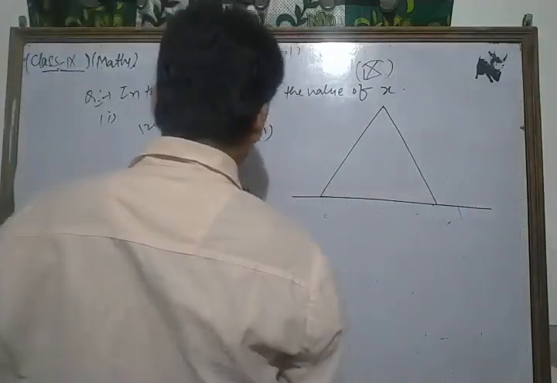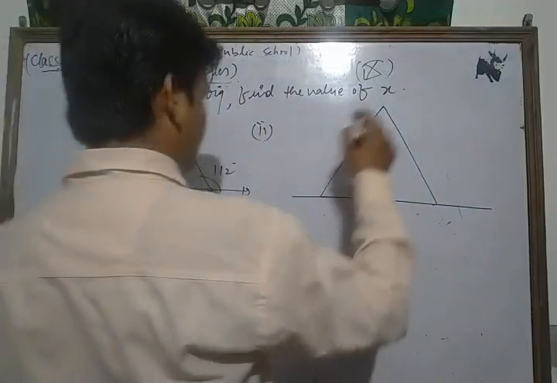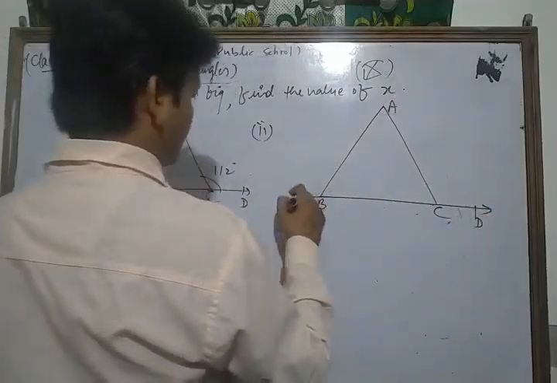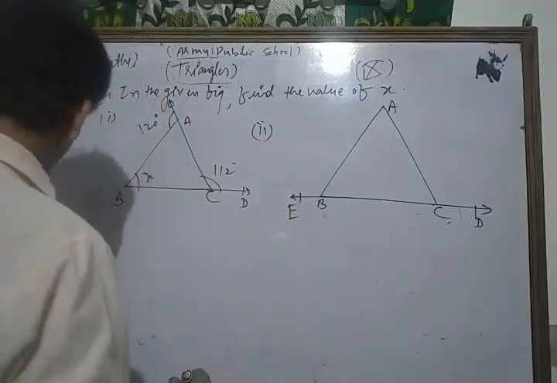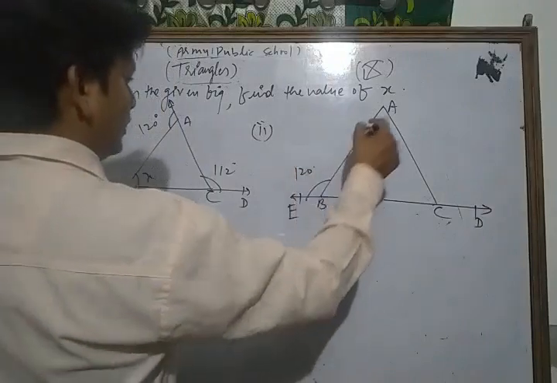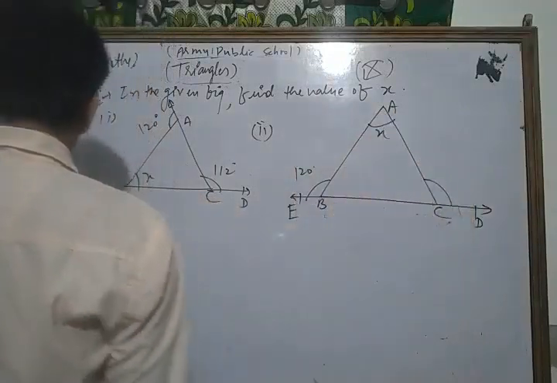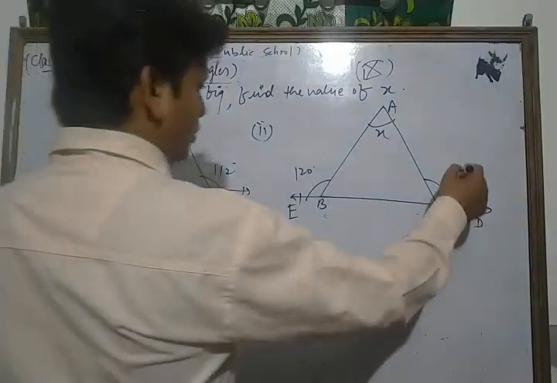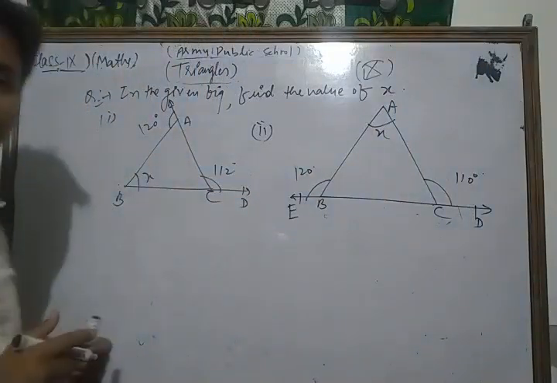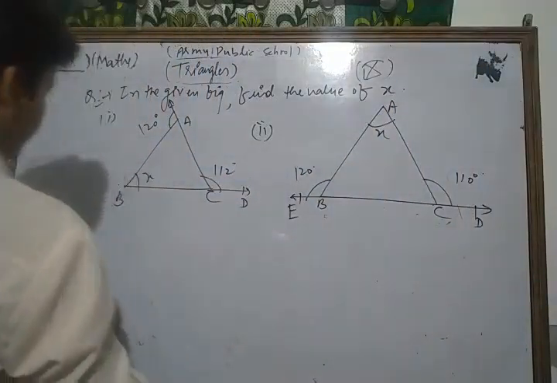This is the figure here. This is A, B, C, D, E, and this is 120. This is x. This is 110. Okay, and third part of this question, dear friends.